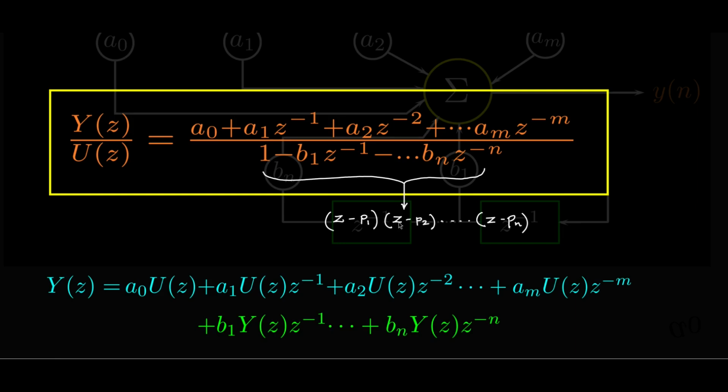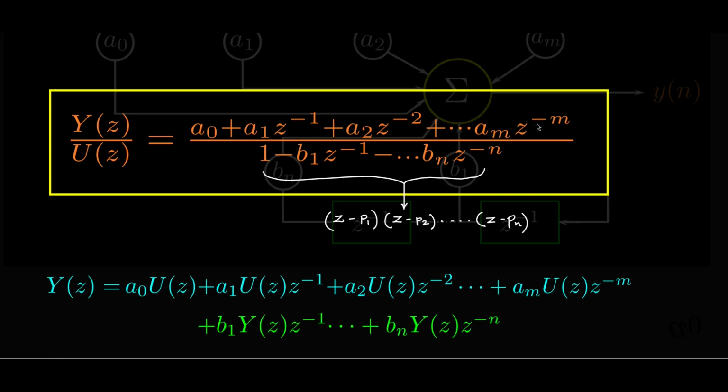All the poles P1, P2, Pn are not identical. They can be placed anywhere in the z-plane within a unit circle, in the stable zone. So designing these poles appropriately will give you IIR filters of different characteristics.